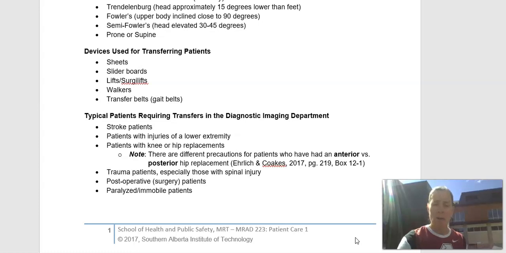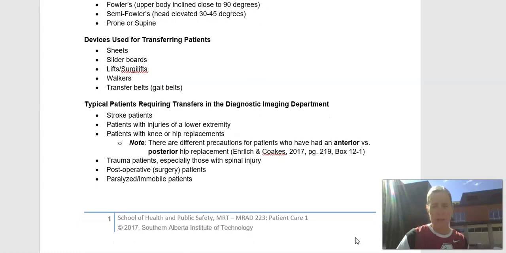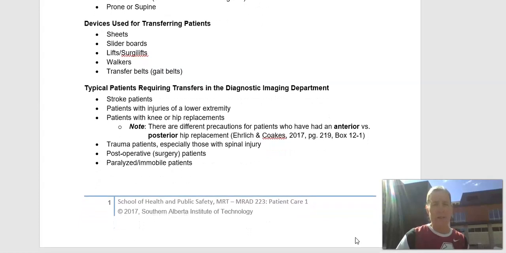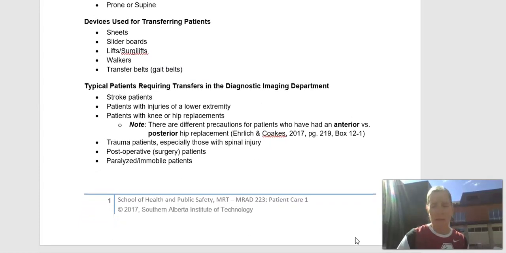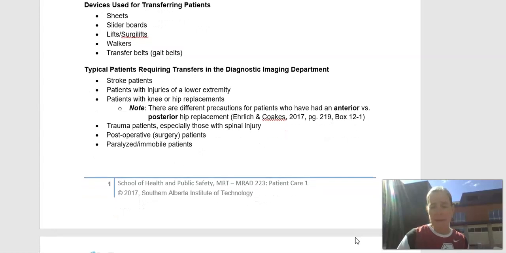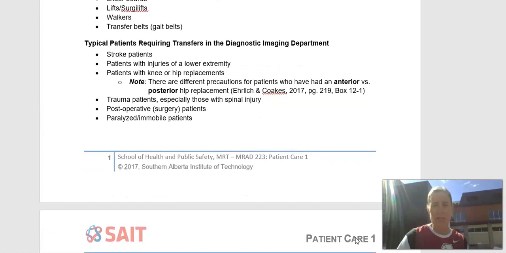Trauma patients would include spinal injury patients, and post-op patients, so patients who have had surgery, typically in the thoracic or the abdominal cavity. And then we have our patients who are paralyzed or whose mobility is decreased. Those are some of the patients that consistently require different types of transfers, but that's okay because we have many different methods and practices to assist and tailor that transfer based on those patients' needs and what's required.